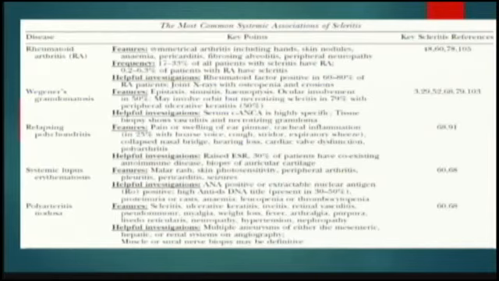Rheumatoid arthritis is at the top, then Wegener granulomatosis, relapsing polychondritis, systemic lupus erythematosus, and polyarteritis nodosa. All these have certain specific features to enhance your diagnosis, but the key to reach these diagnoses is to have a complete medical history.